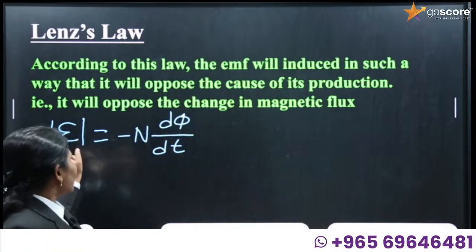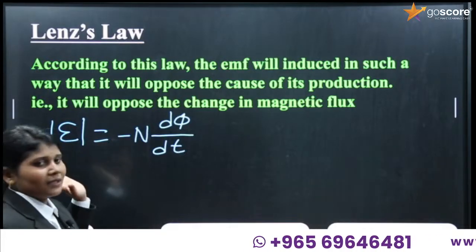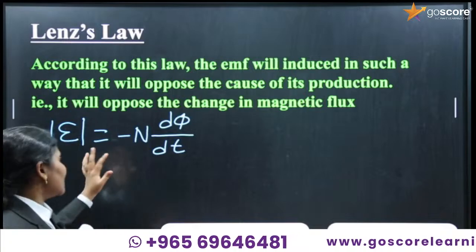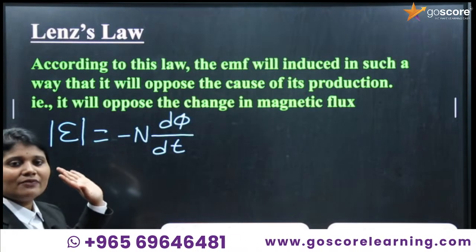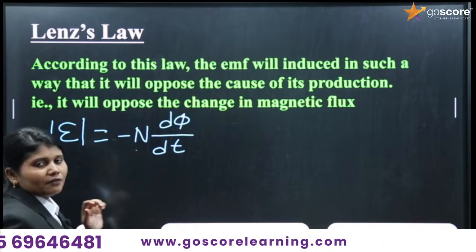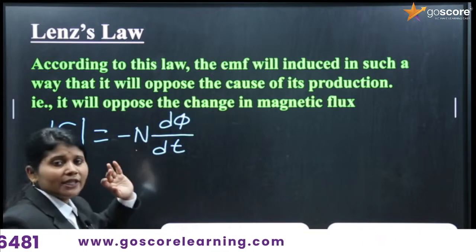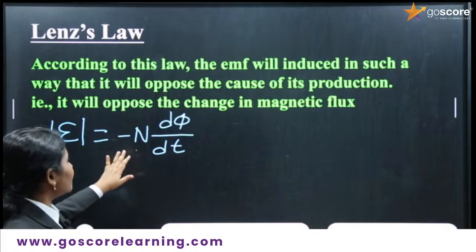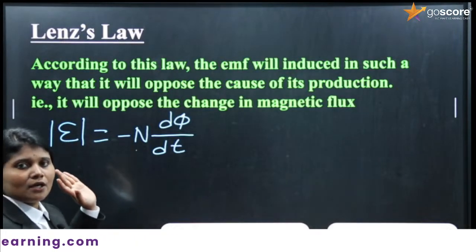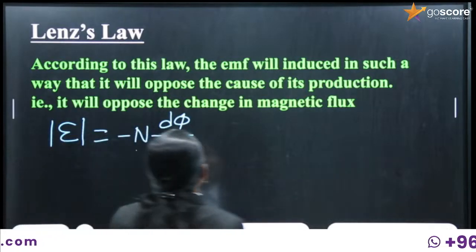So that's why here we are considering minus. That opposing we are indicating as a negative. Here N is the number of turns. We know that E is equal to d phi by dt, where N is the number of turns. So what is the Lenz law, guys?